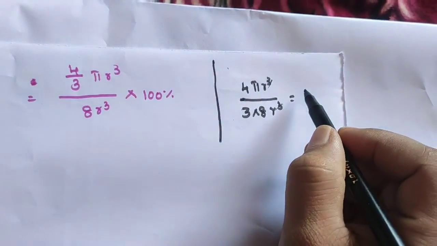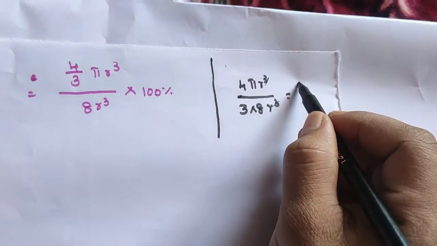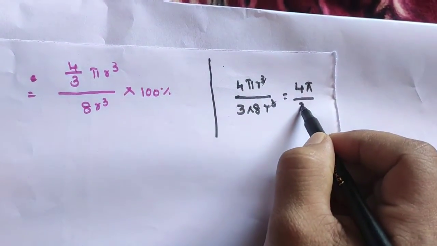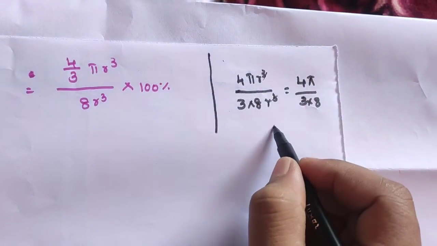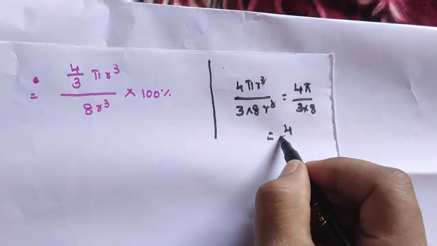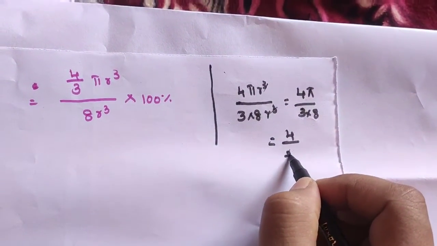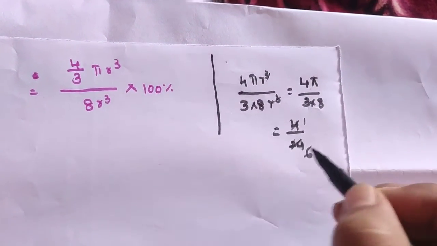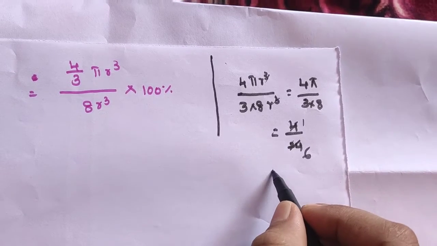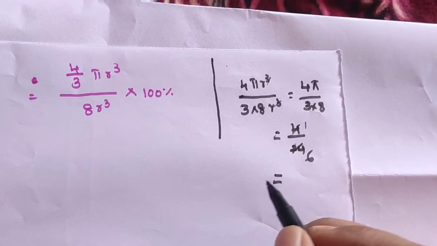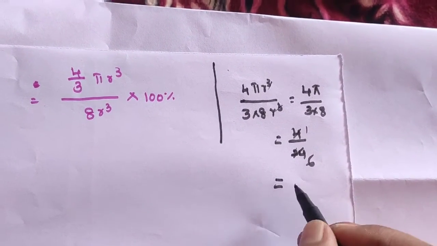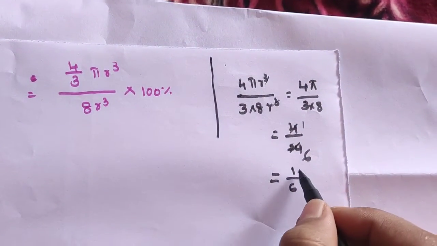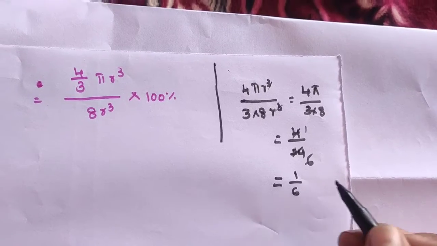Then what is left is 4 pi by 3 into 8, so 4 by 24. Here 4 one times is 4, 6 times is 24, so the answer we get is 1 by 6, with pi alongside it.